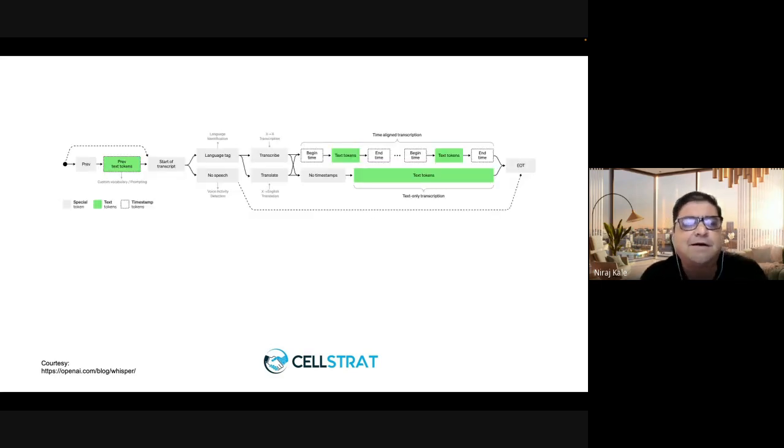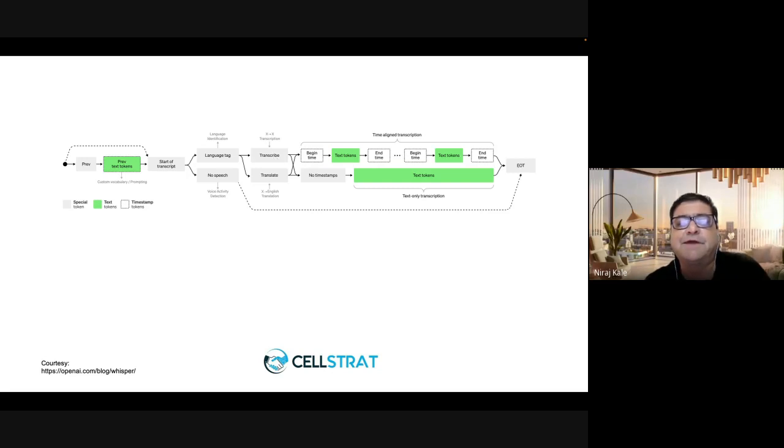So there are multiple tasks assigned to the Whisper model. In this case, first of all, start of transcript. First is voice activity detection, and after voice activity detection, it identifies the language, which language is the input. Depending on the task, if it is the English language, it will transcribe.